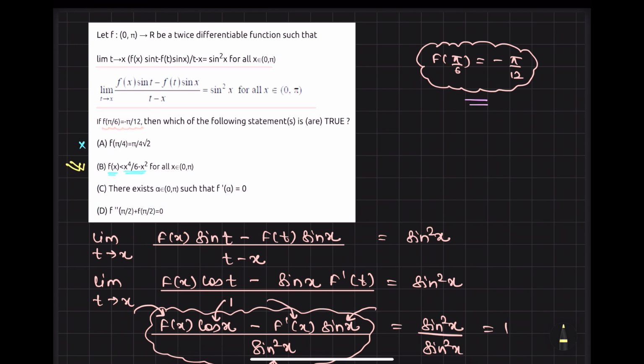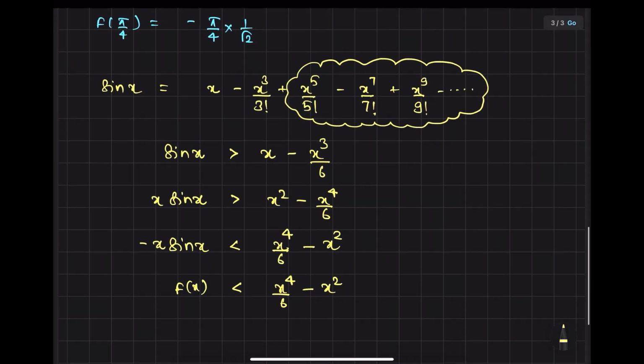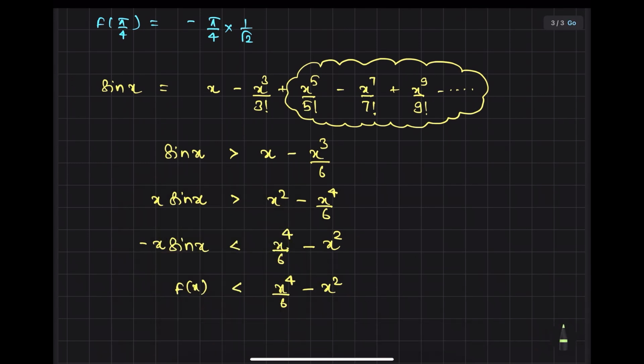Now they are saying that there exists alpha in (0, pi) such that f dash alpha is 0. So look at this, we will find out f dash. So f of x is what? Minus of x sin x. Now we will do f dash x, so do the differentiation.